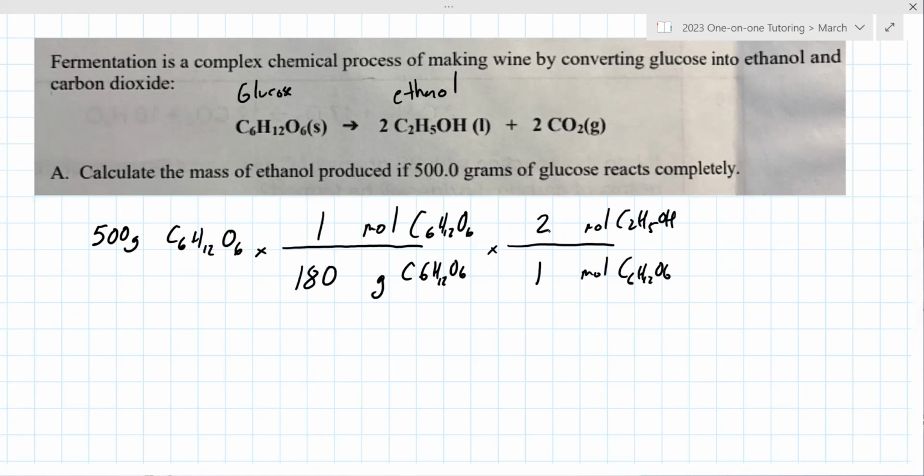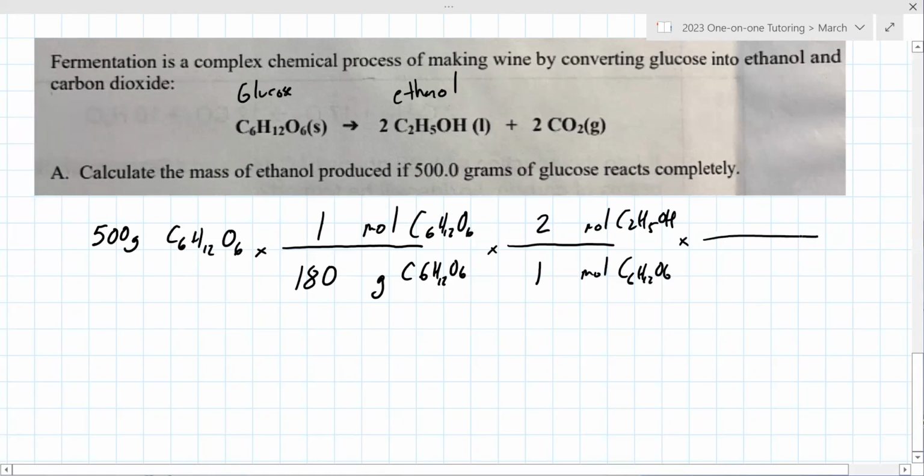Okay, and now we can convert back to grams. So 1 mole of what's on top, C2H5OH. That's also going to be 1 always.